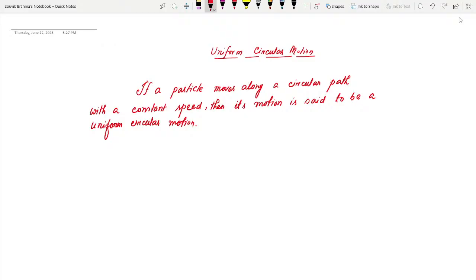Therefore, there are certain examples. Number one, motion of the tip of the second hand of a clock.